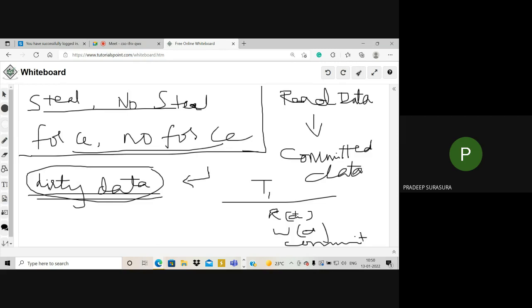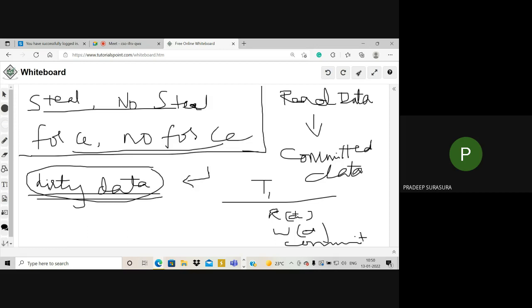Every time we have to see that data is consistent. Data must be consistent every time. That's the major protocol we have to use. Every time we must have data which is committed. If the data is read by one process while another process is writing the data, we say that is dirty data.